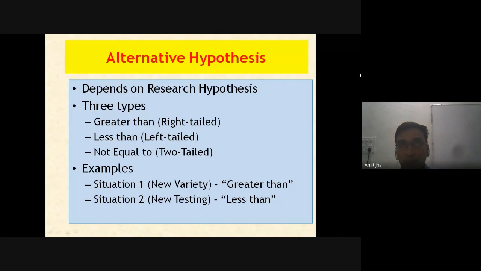Either sample A may be greater than sample B, or less than, or not equal to. If we find that it is not equal to, it may be greater or lesser, then it is called a two-tailed test. When it is less than, it is called left tail, and when it is greater than, it is called right tail.